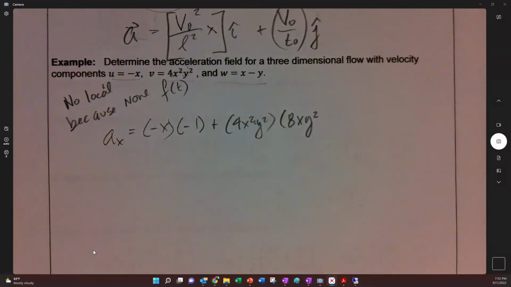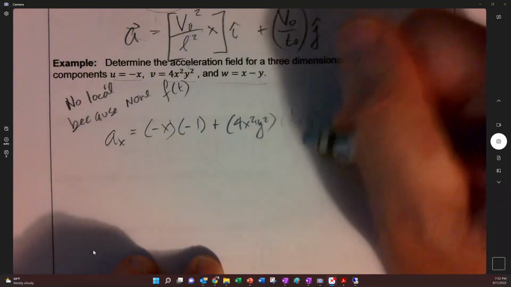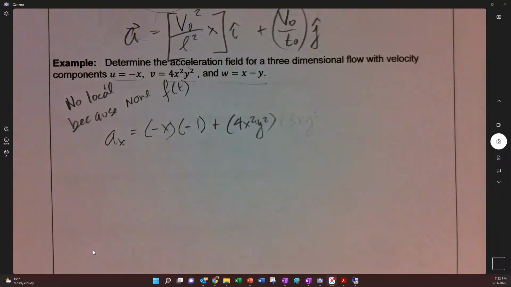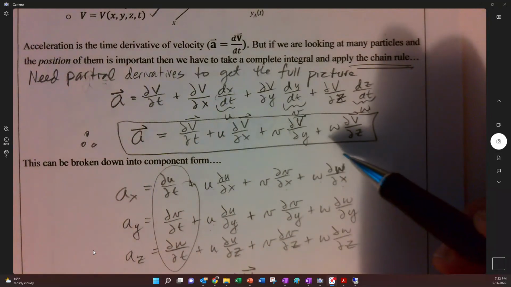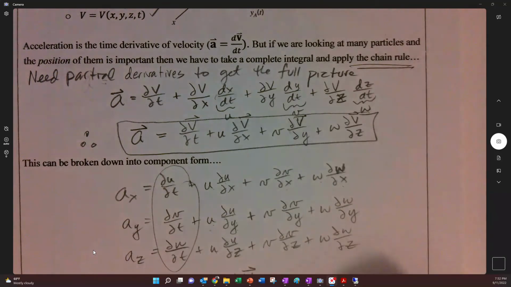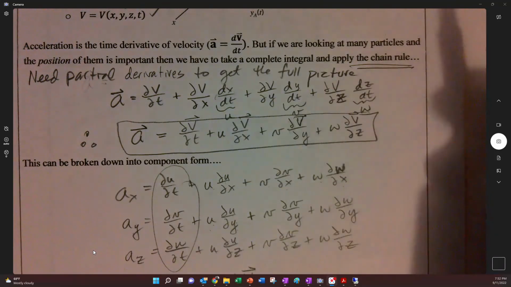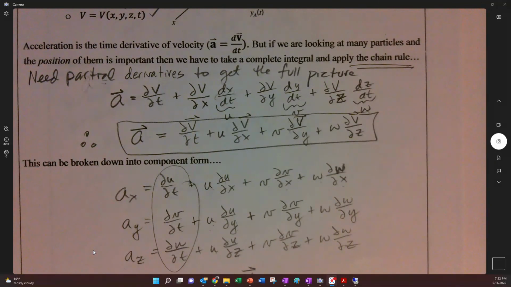I'm pausing this video. Okay, I misread my thing here. I just need to be a little more organized. When I wrote this, I think I wrote it wrong. Let me rewrite this. And here is what it should look like.